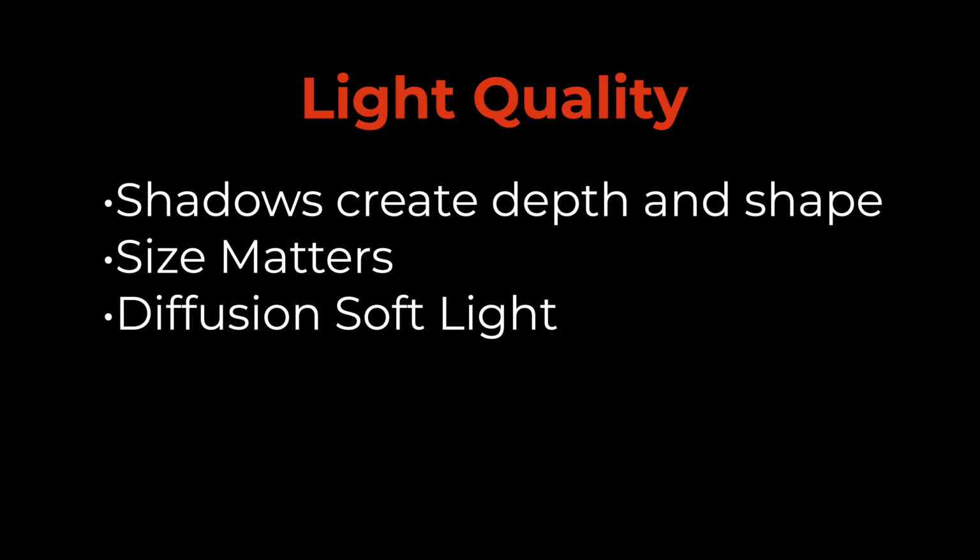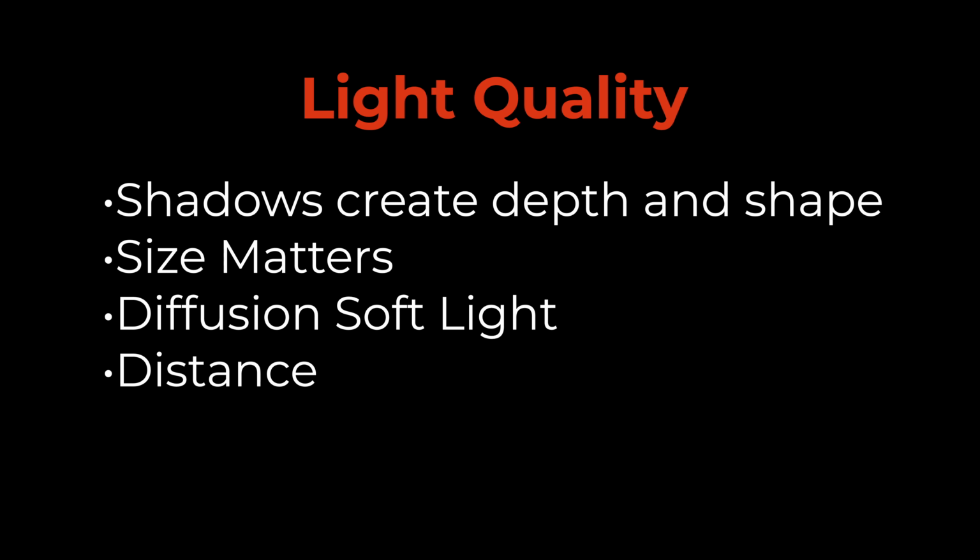Diffusion creates soft light. But it depends on how you use the diffusion. Some people think that if they diffuse the light, it's automatically soft. It's only soft when you get it really close to your subject. You could buy a diffuser, put it on your flash, have it 20 feet away from your subject, and now you have a hard light source and not a soft light source, because distance matters.